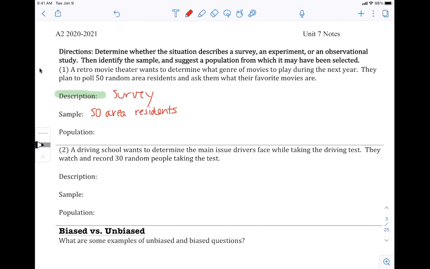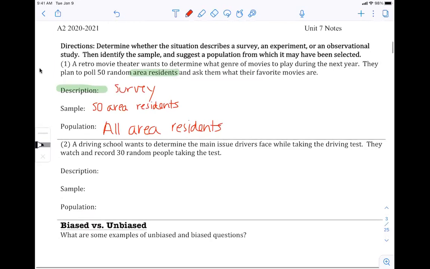So for population, it doesn't really give me a general population, but I'm going to assume that all of the area residents, though we don't know how many, would be the population. They're sampling 50 random area residents.